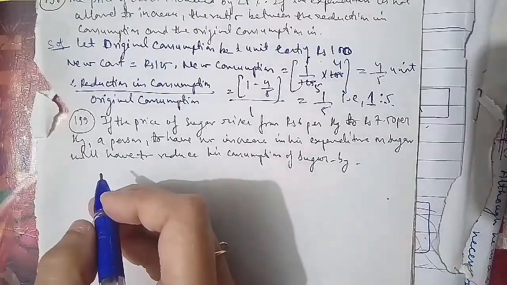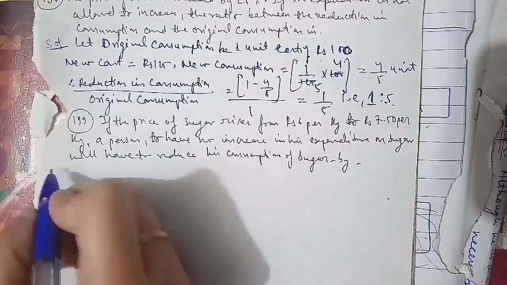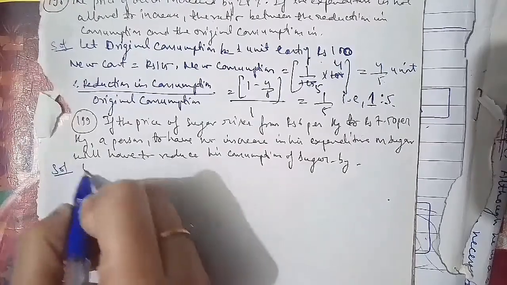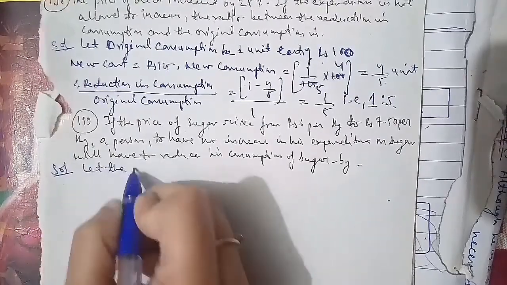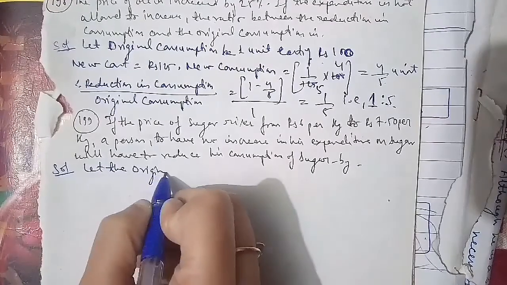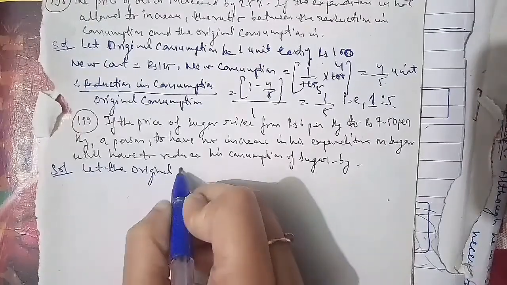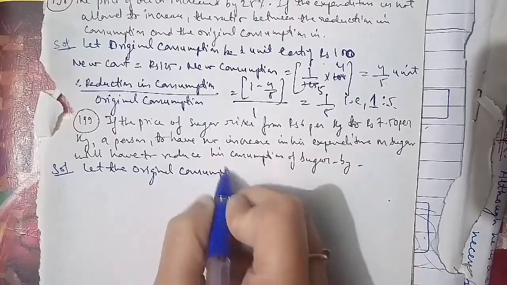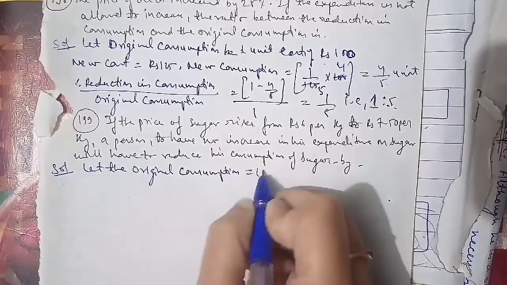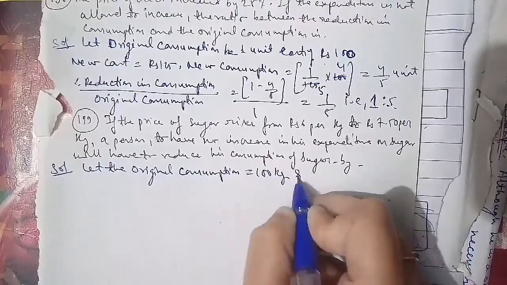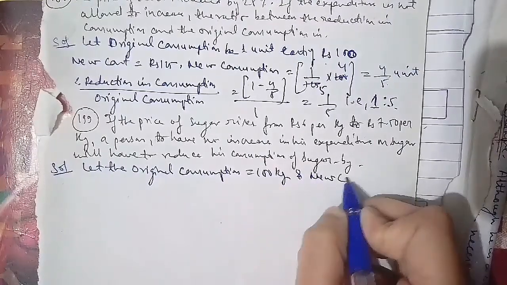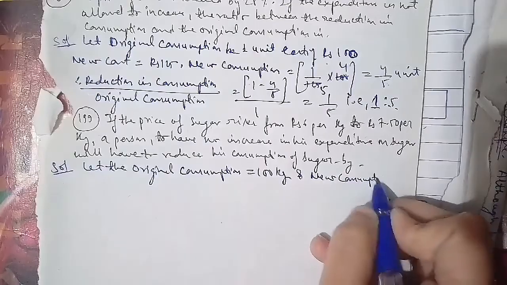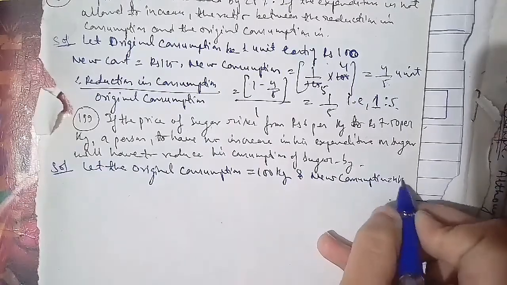The original consumption equals 100 kg. New consumption equals x kg.